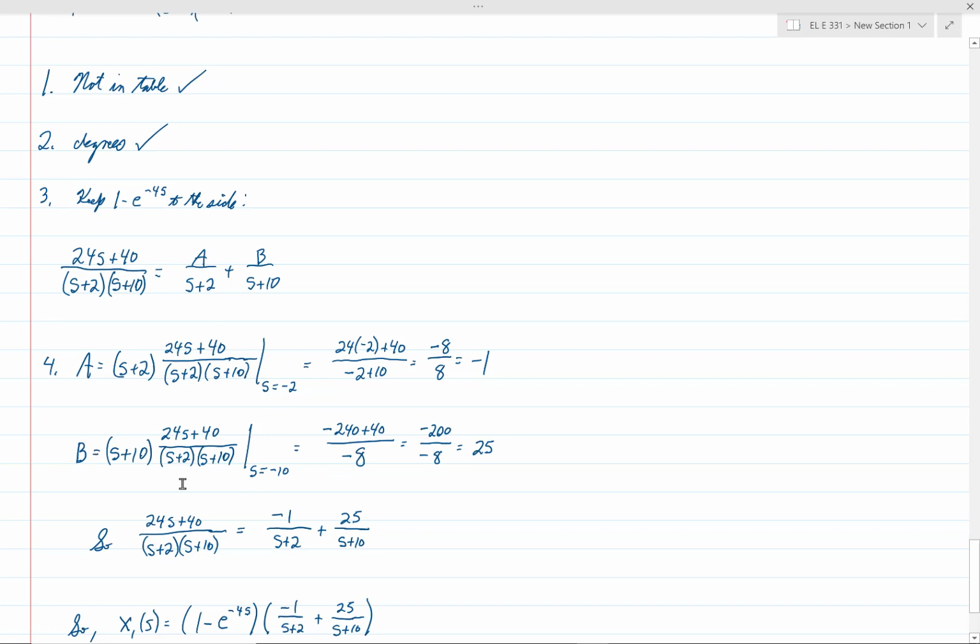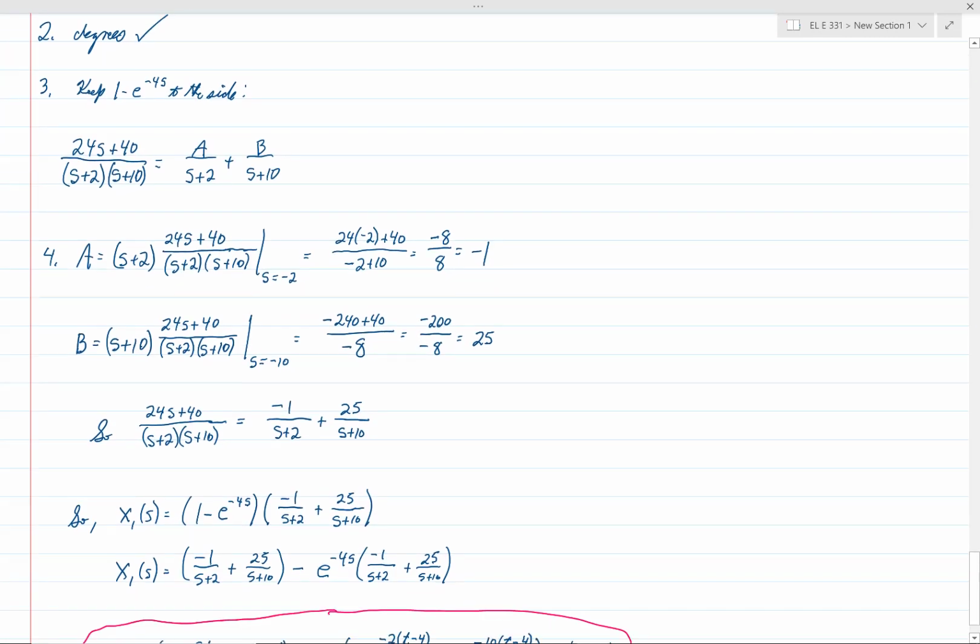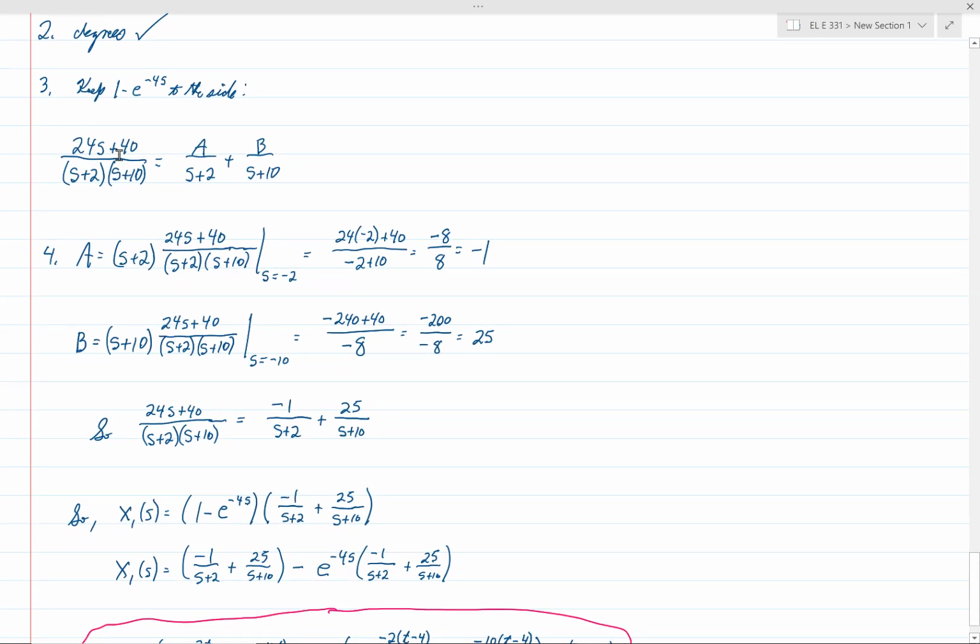So this tells us that (24s plus 40) divided by (s plus 2) times (s plus 10) is equal to, A is negative 1, so negative 1 over s plus 2, and then B over s plus 10 becomes 25 over s plus 10.